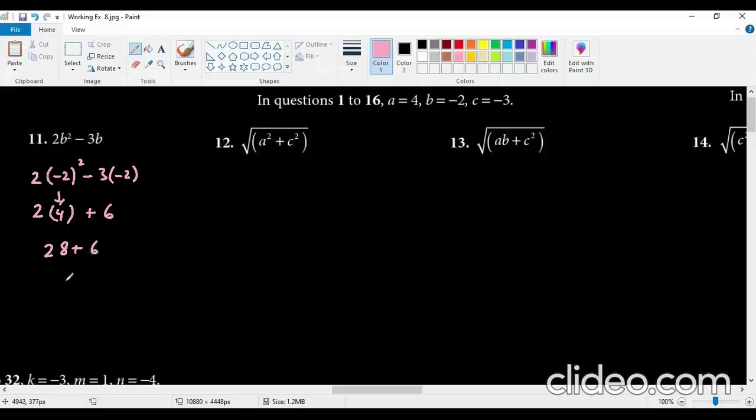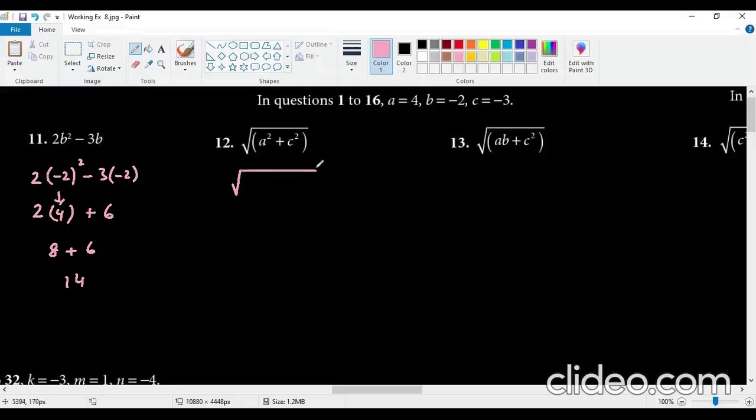That means 2 times 4 is 8, and plus 6 is going to give you 24 as an answer for question number 11. It's not 28, it is 8 only. 8 plus 6 is going to give you 14 as an answer.